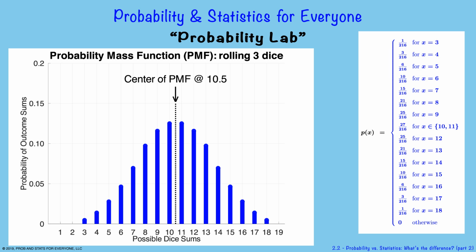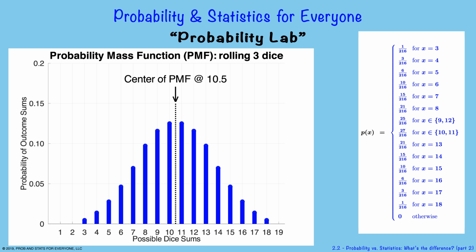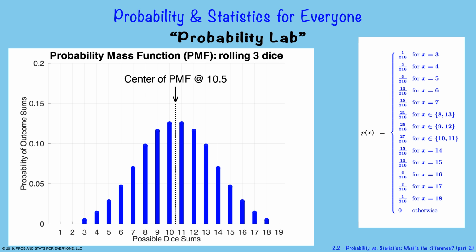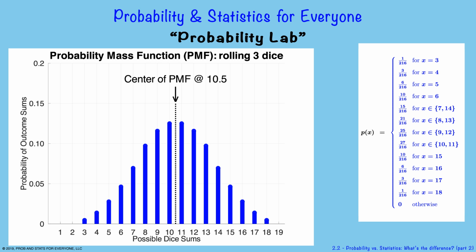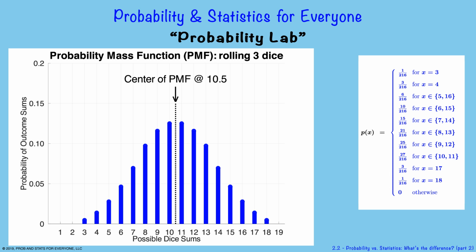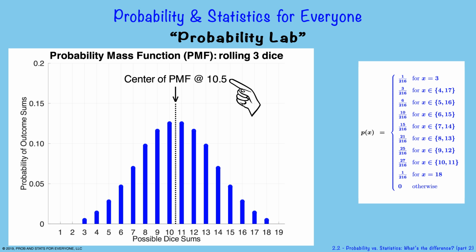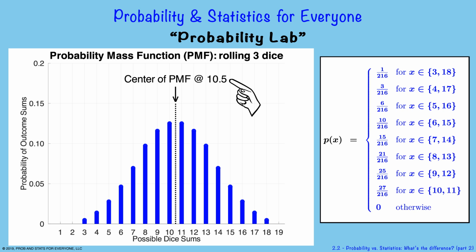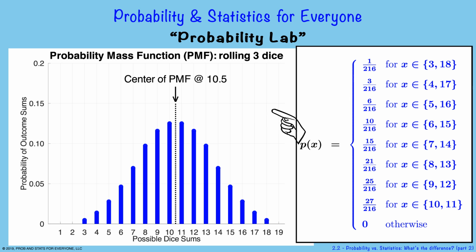We can visually see this symmetry on the plot, and we're reorganizing the equation form of the probability model to group the values that have the same probability together with each other. Notice that the center itself is not one of the possible values. After all, 10.5 is an example of otherwise.